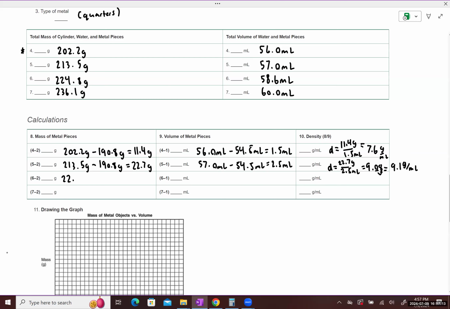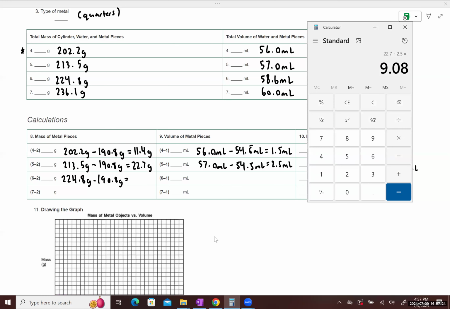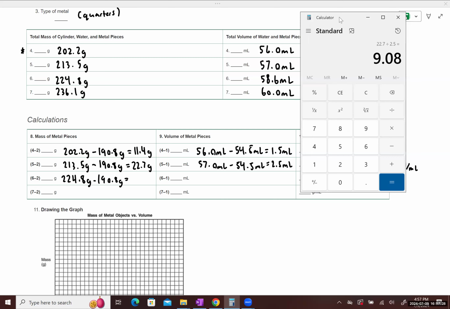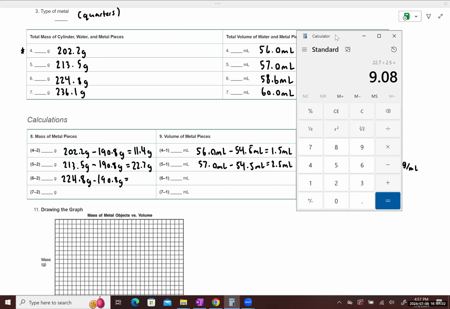Again, we're determining the mass via difference. Let's move this calculator a little bit further. We'll move this around just so that way it's not blocking anything important.